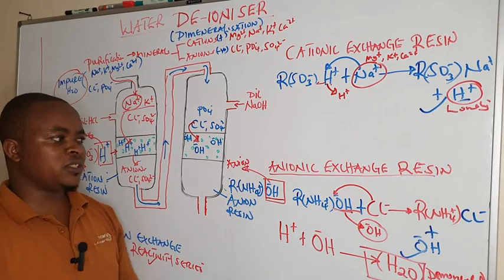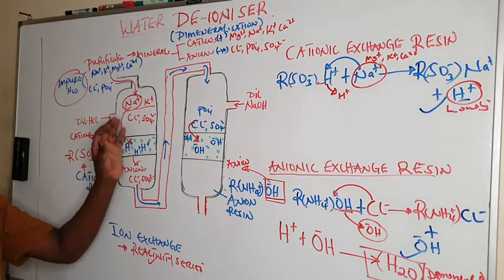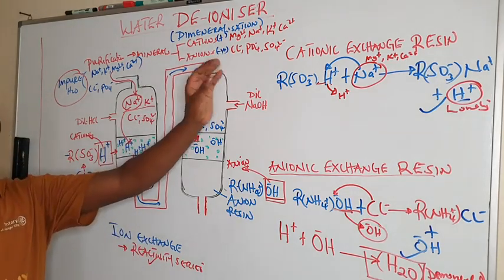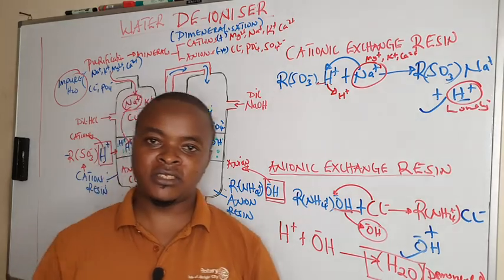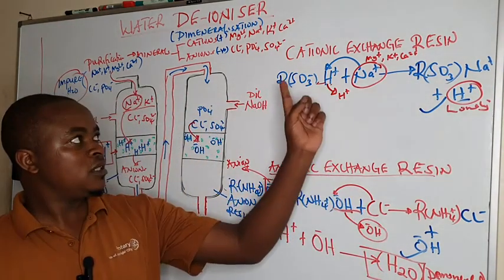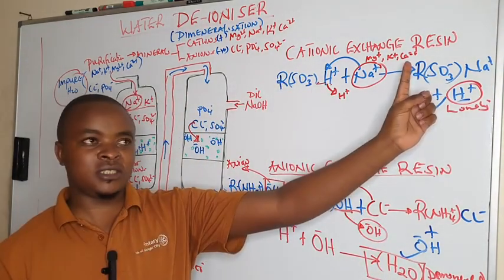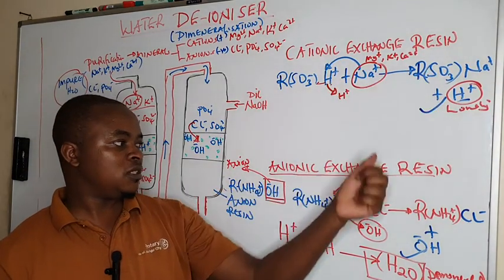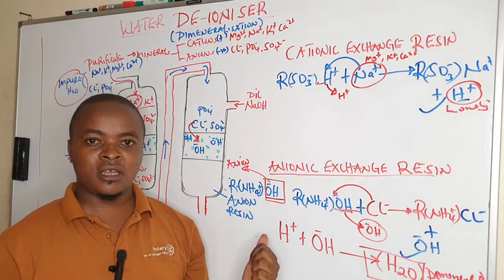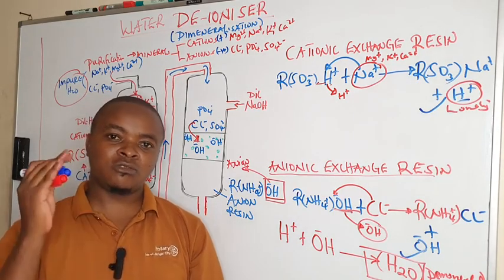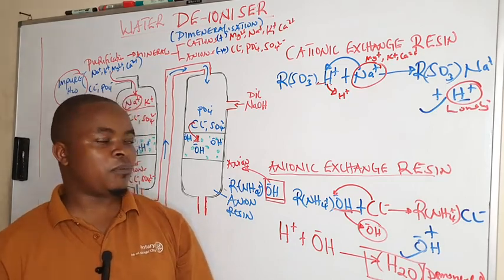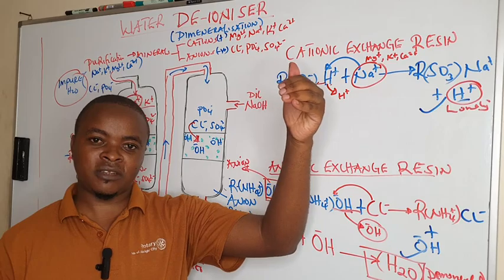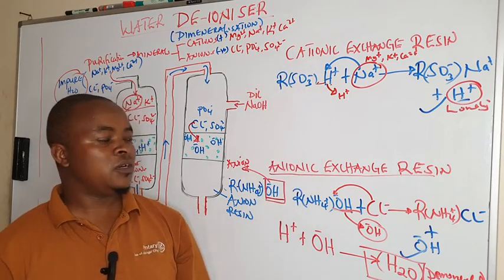So this is what we can discuss under water deionization, which works under the principle of ion exchange, whereby we have the cationic exchange resin and the anionic exchange resin. The exchange occurs due to difference in the reactivity of different minerals, whereby the one which is higher in reactivity series displaces the one which is lower.